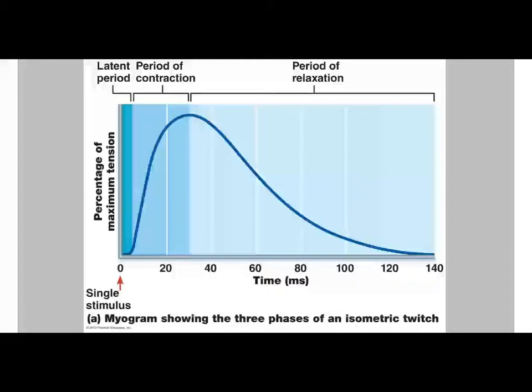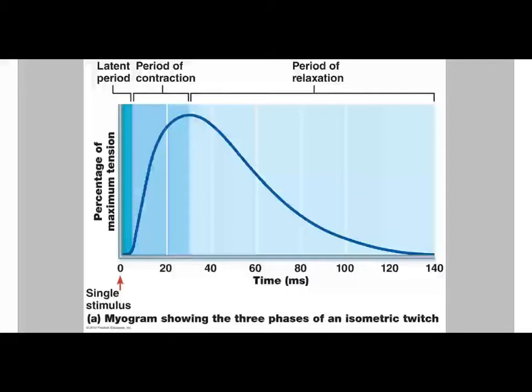The next period is the period of contraction. This begins at formation of the cross bridge and goes all the way until detachment of calcium and breaking of the cross bridge.